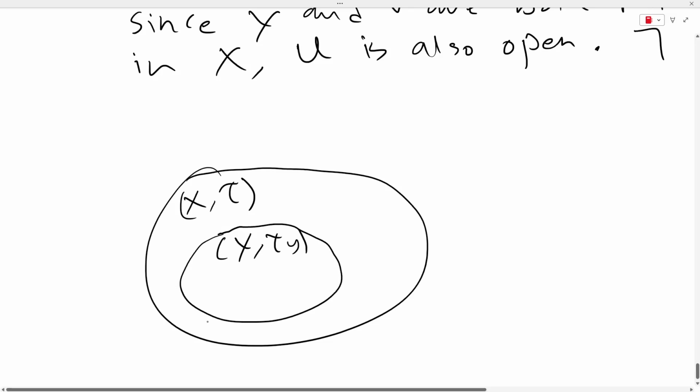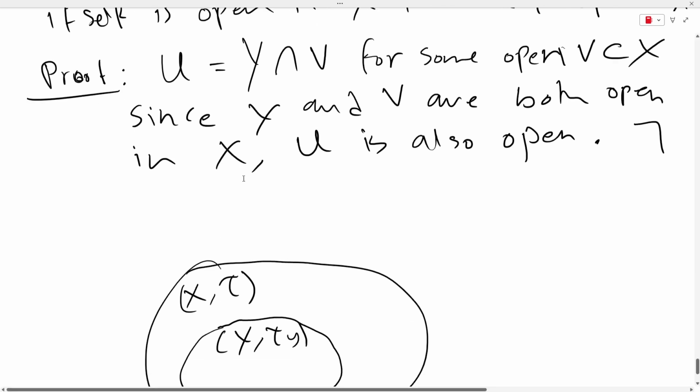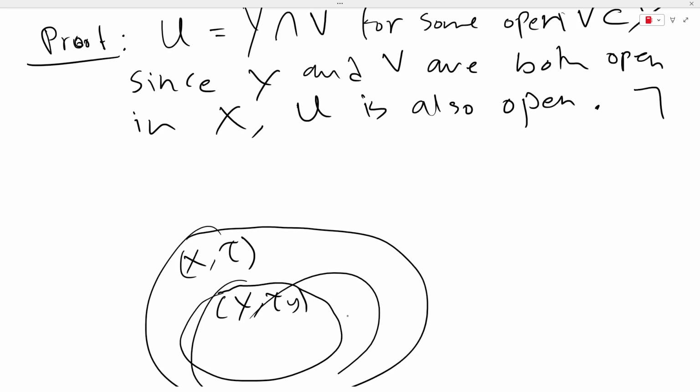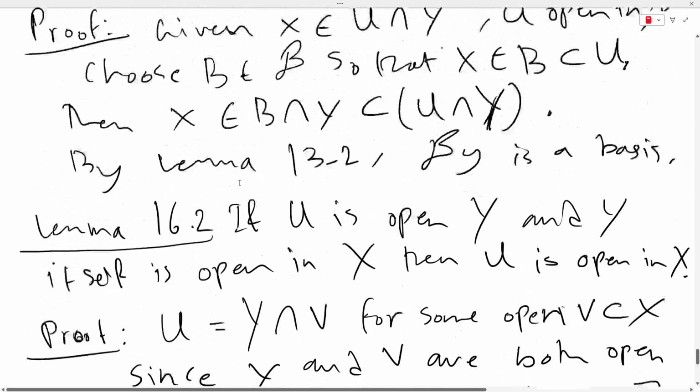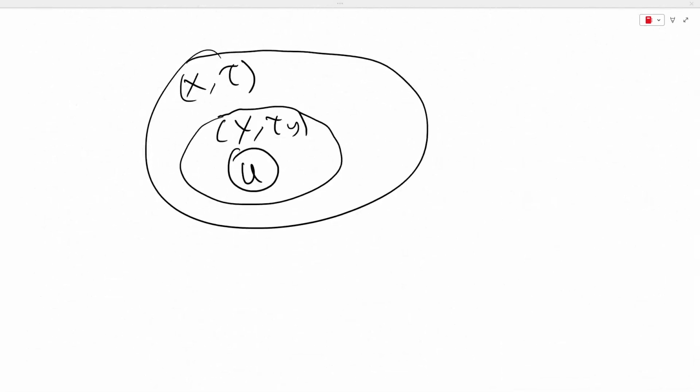Basically, you can have a topological space inside another. What this lemma says is that if this set Y is open, and you have a set U here that is open in Y, then it's also going to be open in X. So that's the idea of a subspace and open sets.